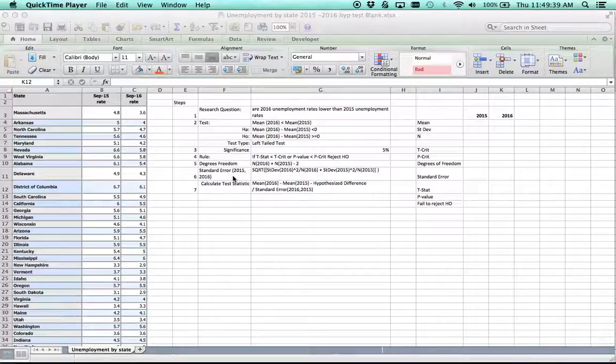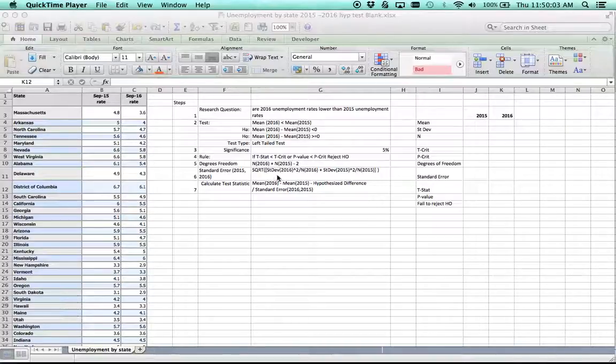You also need a combined standard error. Just like in the hypothesis testing we did before, where we took the mean divided by the standard error, in this case we also need a standard error, but we need what's called a pooled standard error between the two samples, the two variables.